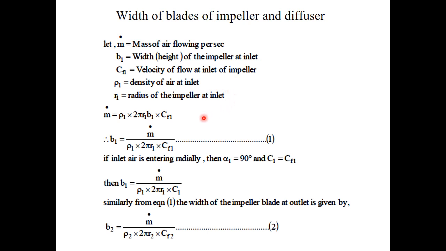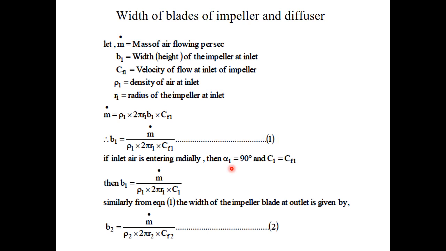So we can write mass flow rate of air m dot equal to density into flow area into flow velocity, that is rho1 into 2 pi r1 b1 into Cf1, which we can rearrange to obtain the expression for width of impeller at inlet, B1 equal to m dot divided by rho1 into 2 pi r1 into Cf1, which we name as equation number 1.